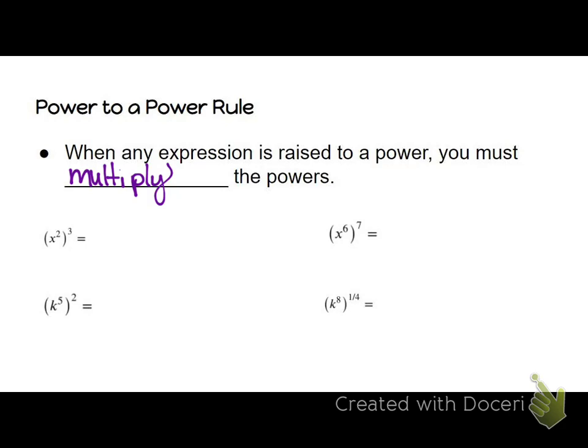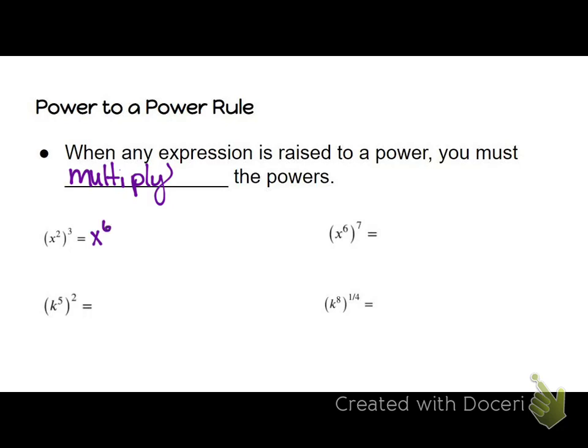So we're going to multiply it. I have x squared to the 3rd. So you multiply the two exponents. So what's that going to equal? 6.